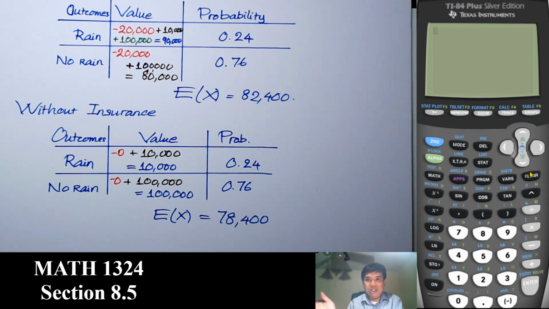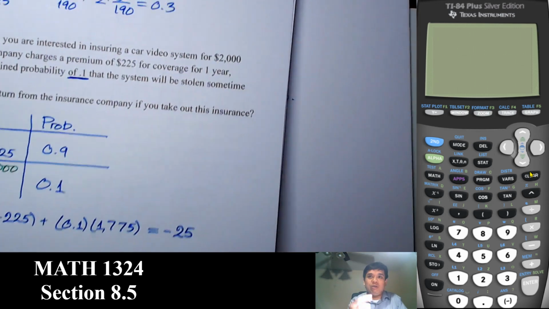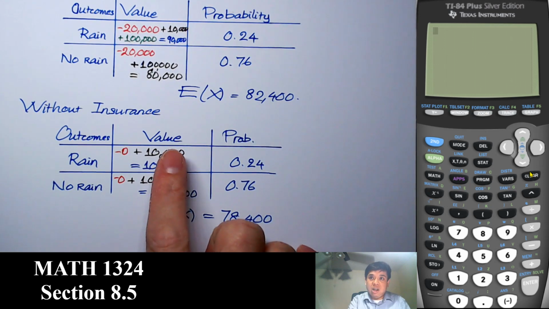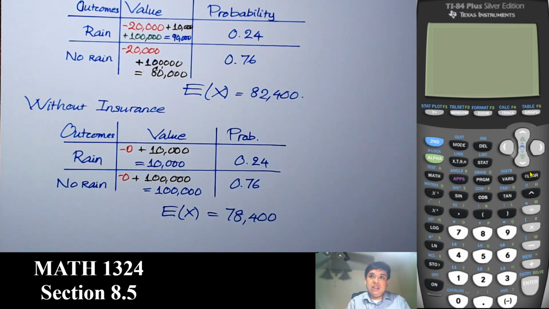It's not going to be higher. Usually when we buy insurance, it's going to be a negative expected value for us. But that prevents a significant loss. So when we buy insurance, we're losing something, but that prevents us from the significant loss. That's the idea of insurance.